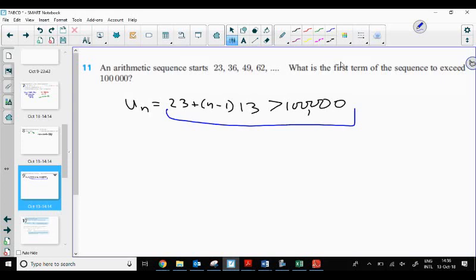Whether you do this algebraically or if you just graph it, you're going to find that n is going to have to be greater than 7,691.5 or thereabouts. So what answer do we give? Well, a term of a sequence has to be an integer, so we're going to say 7,692. And I don't care what this number is. If that had been 0.1, I'm still rounding up to 7,692 because it needs to be the next term in the sequence. Term 7,691 is not quite 100,000.